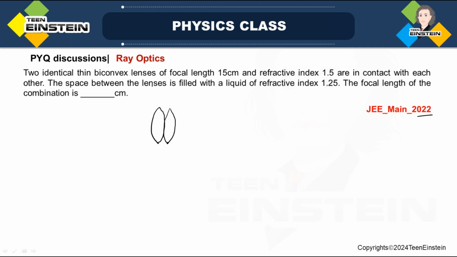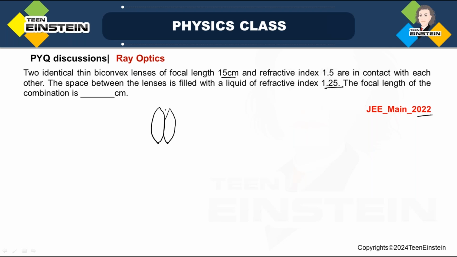They are identical in the sense their focal length is the same, 15 centimeter, and refractive index is also the same, 1.5. So both are made of glass. The space between the lenses is filled with liquid of refractive index 1.25. You have to find out the focal length of the combination.